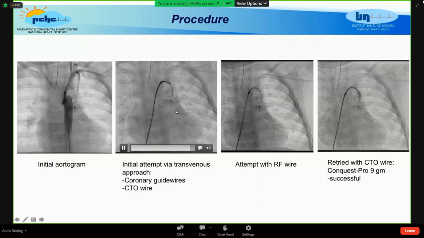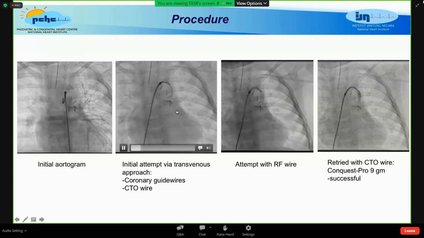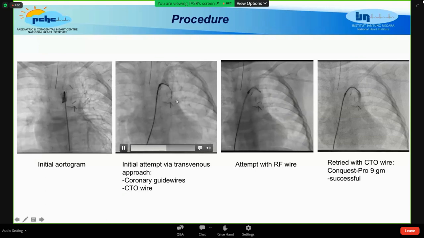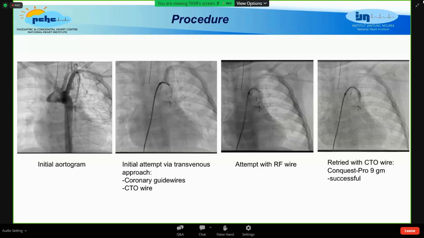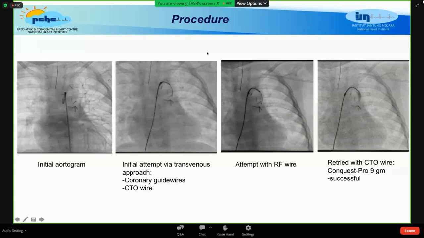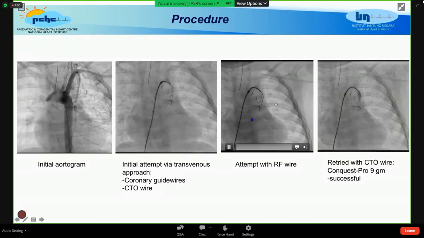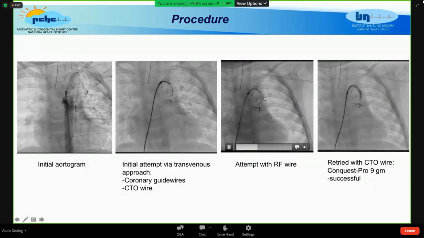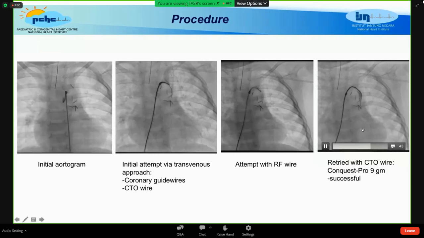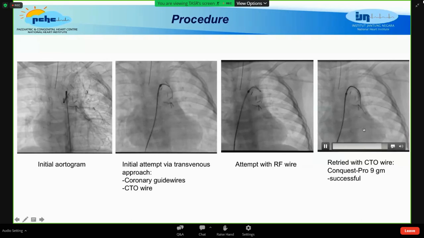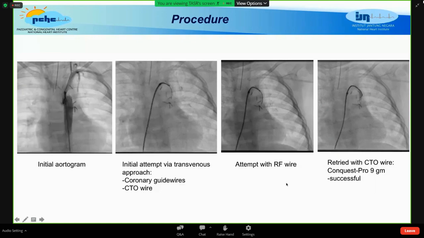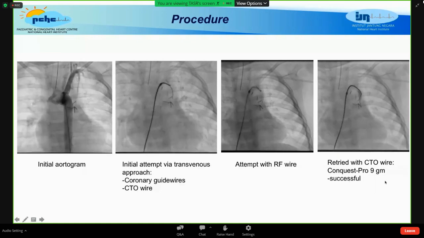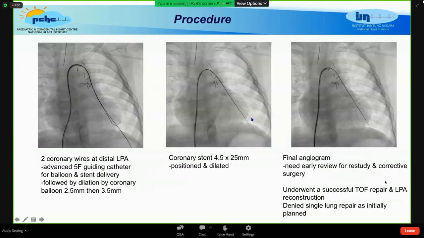The initial attempt was via transvenous approach, and a coronary guide wire was introduced to try to recanalize. Then we used an RF wire again to recanalize this blocked shunt. This was retried with our CTO wire, initially a 9-gram Conquest Pro guide wire, followed by a 12-gram coronary guide wire.